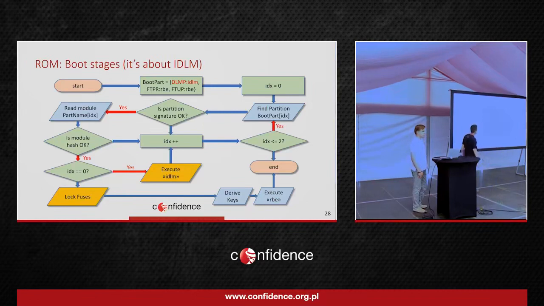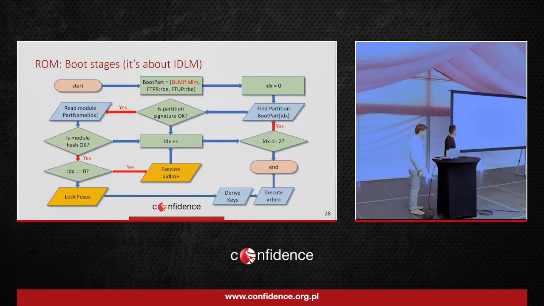I believe FTUP is the upgrade partition, created when you need to upgrade the management engine during restart. FTPR is the normal partition where all code that runs every day resides. And DLMP, probably D means debug, probably something else, nobody knows.